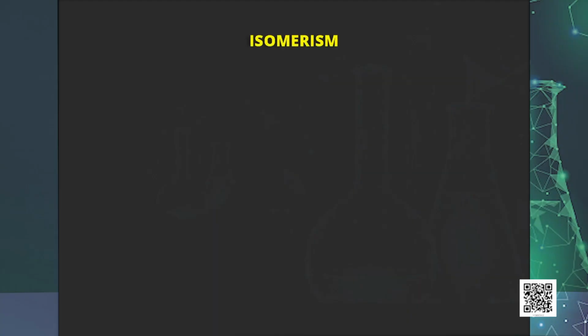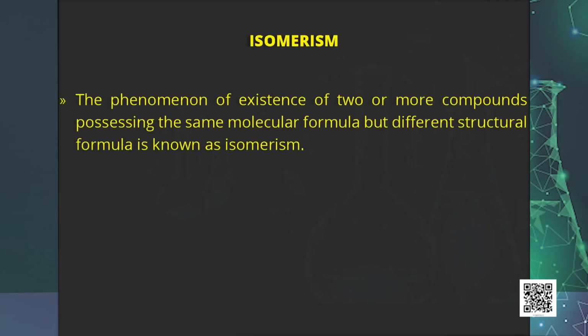So, learners, we are starting our session with a very important and interesting concept of organic chemistry, that is isomerism. The phenomenon of existence of two or more compounds possessing the same molecular formula but different structural formula is known as isomerism.